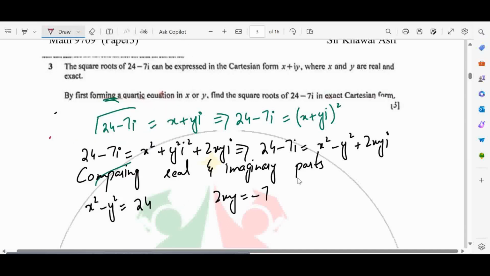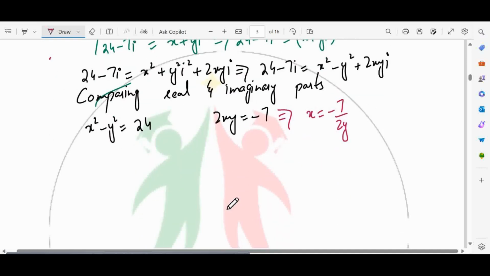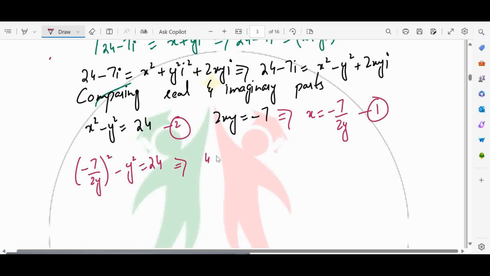From the second one, x will be equal to minus 7 by 2y. Now put this in equation 1. This will be minus 7 by 2y whole square minus y square is equal to 24. If we go further, this will be 49 by 4y square minus y square is equal to 24.